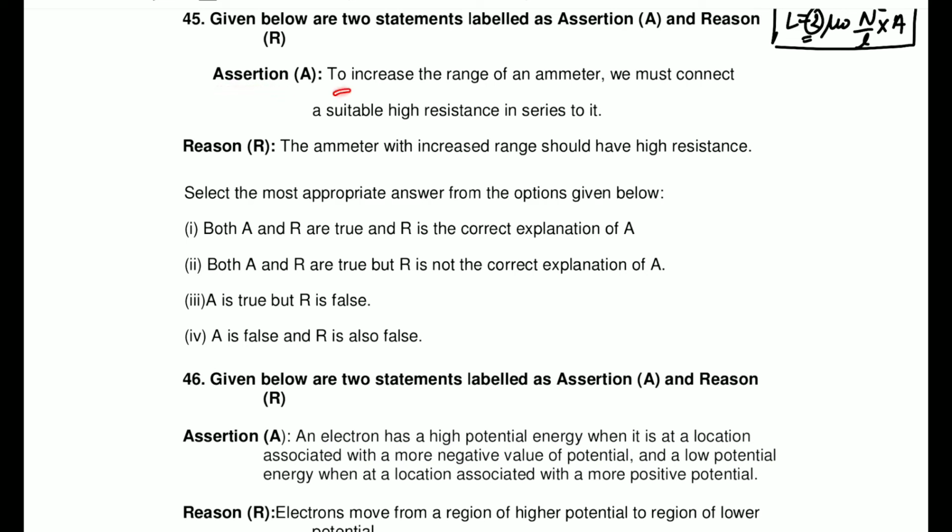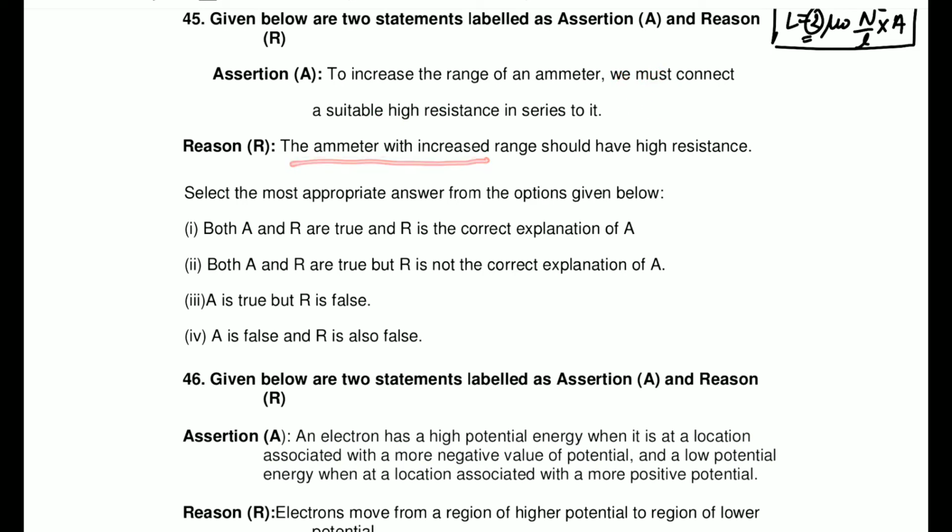For 45, the assertion is: to increase the range of an ammeter, we must connect a suitable high resistance in series. No. If you want to increase the range of an ammeter, we know that in an ammeter the resistance is connected in parallel. We call it shunt resistance. Yes or no? So the statement that to increase the range of the ammeter we must connect a suitable high resistance in series is actually wrong.